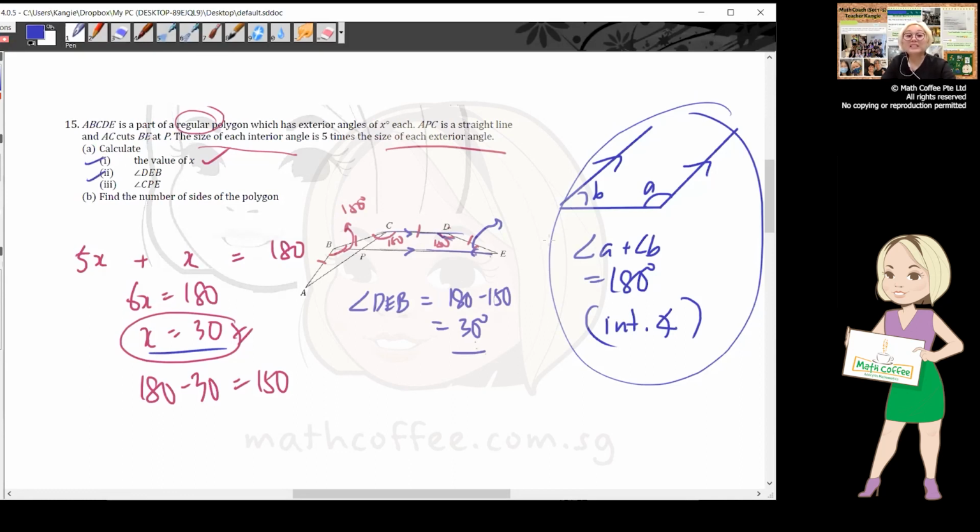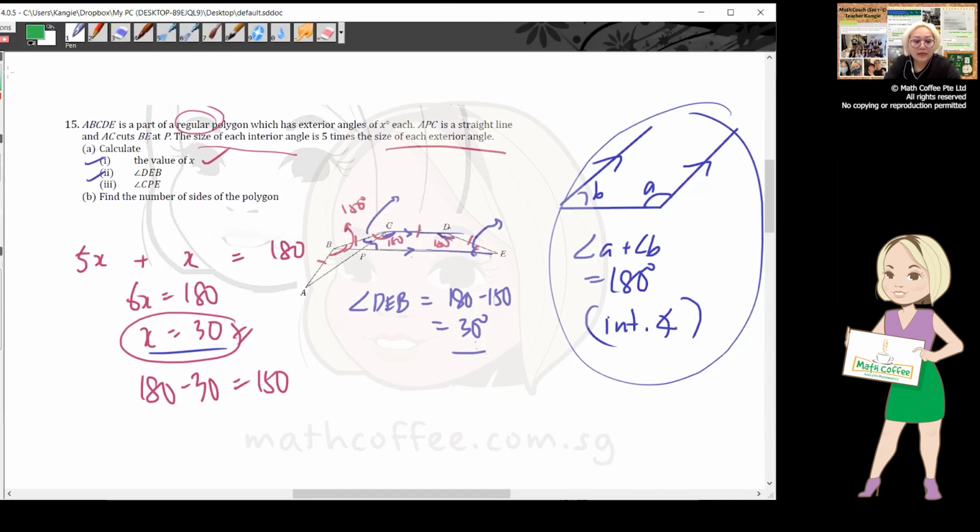Next, they ask to find CPE, which is this angle over here. So how are you going to find this angle? I know that this and this are parallel, but I need to find this angle over here. It is not 150. I still need to find this very small angle.